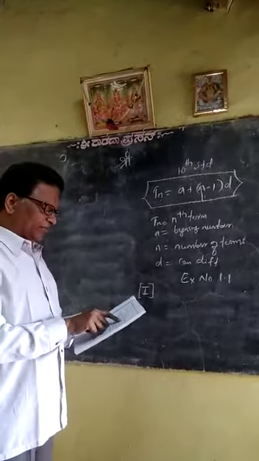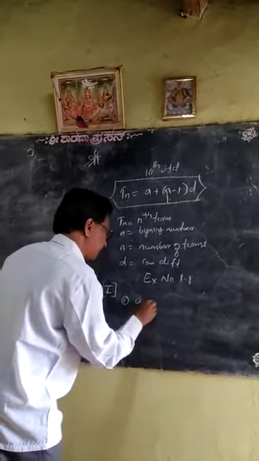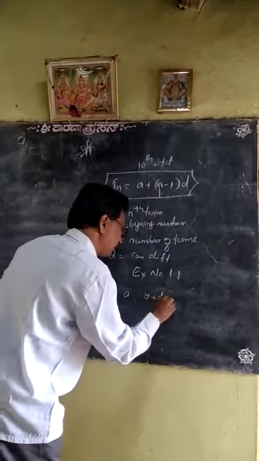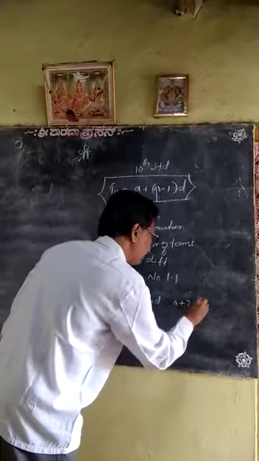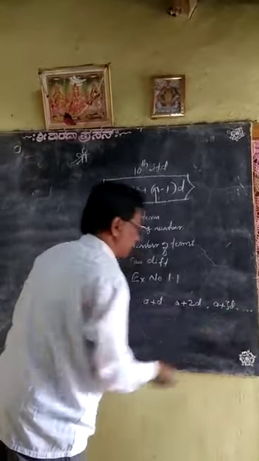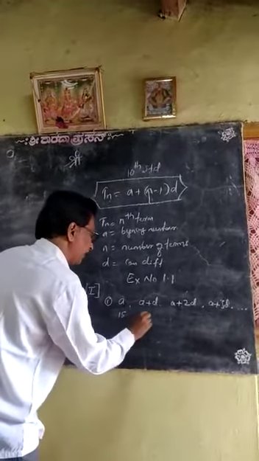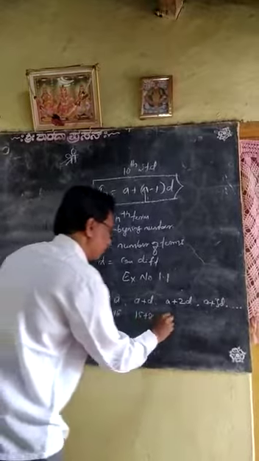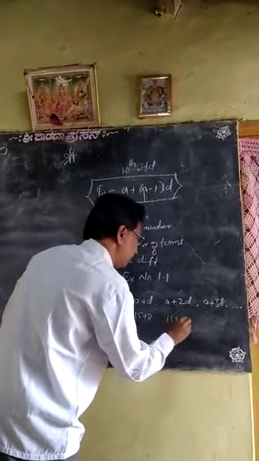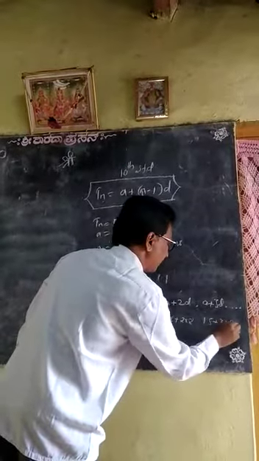The first term is a, then a plus d, a plus 2d, a plus 3d, like this. Here a is 15, so 15, 15 plus 8, 15 plus 2 into 8, 15 plus 3 into 8.